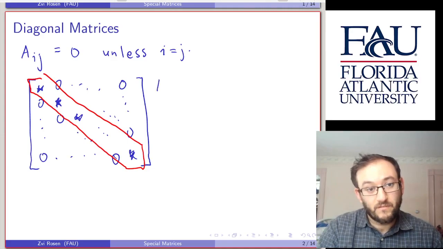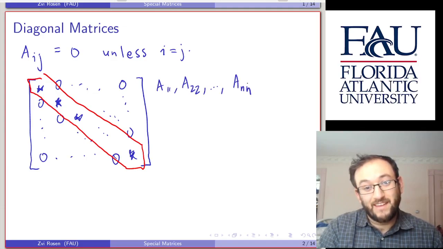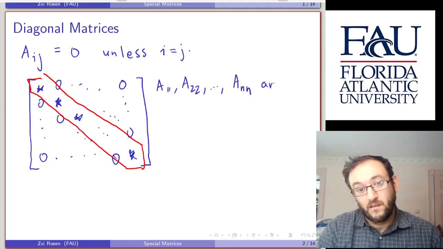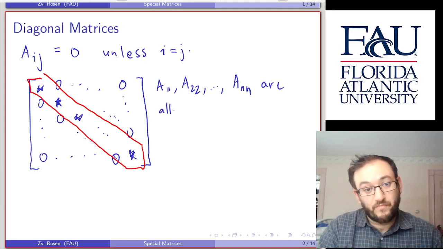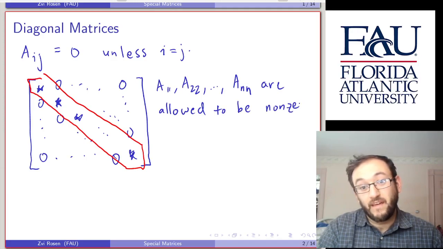Okay, so a_11, a_22, up to a_nn are allowed to be non-zero. That being said, they don't have to be non-zero.